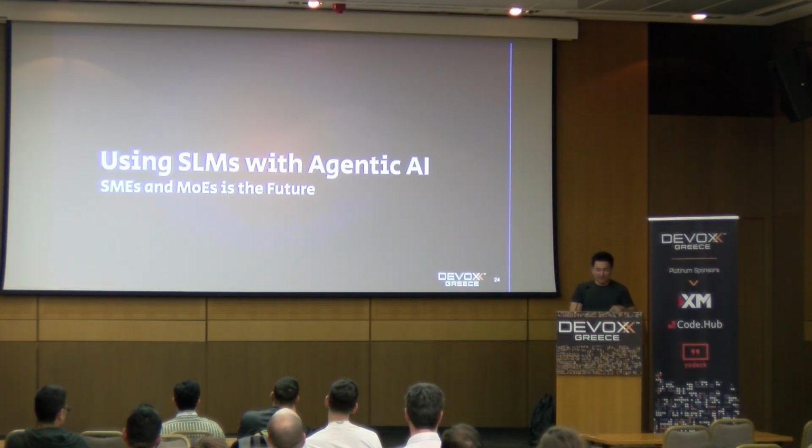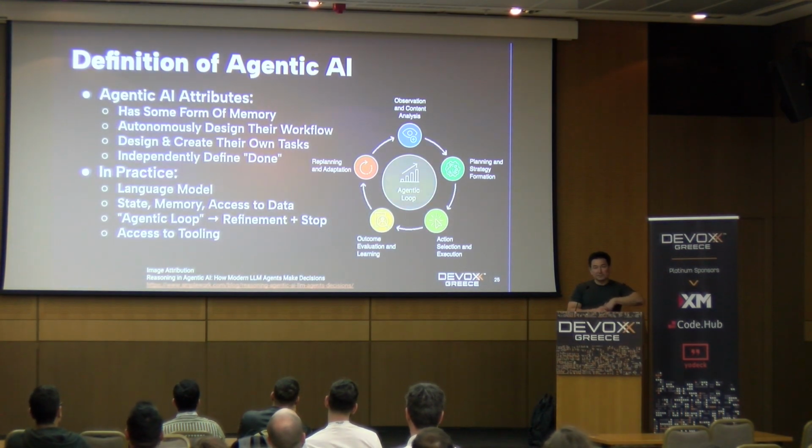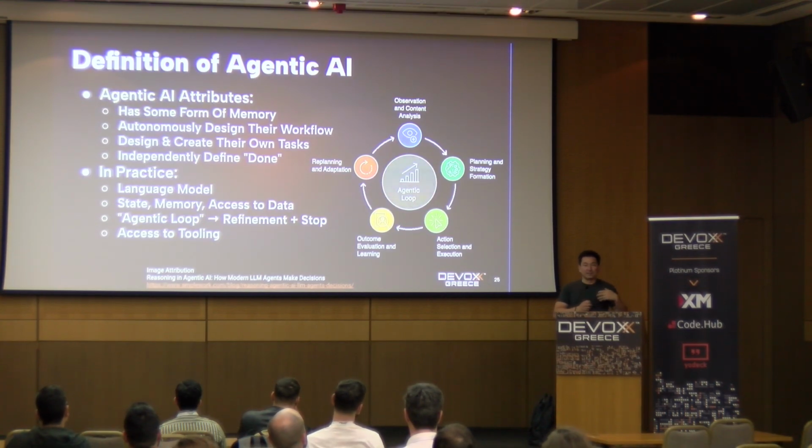So let's talk about these small language models, but with agentic AI. OpenClaw and Claude Code and all that stuff are all agentic systems that have very specific things, right? They reason on their own. When they're given a problem, they decide what the plan is to answer that particular question.